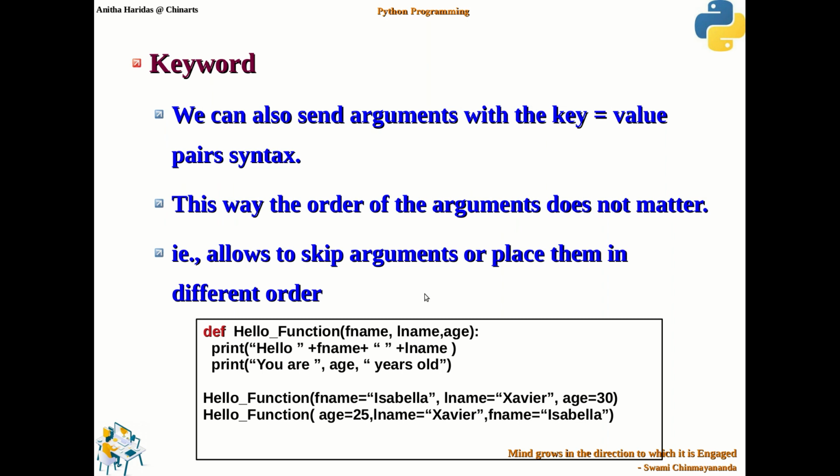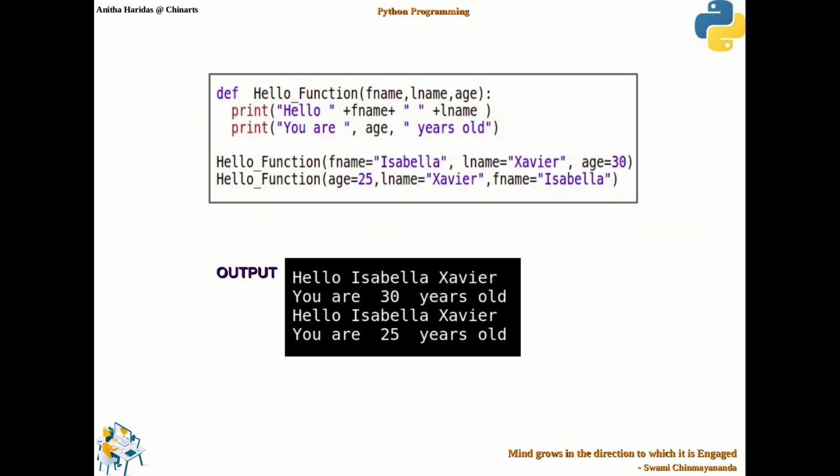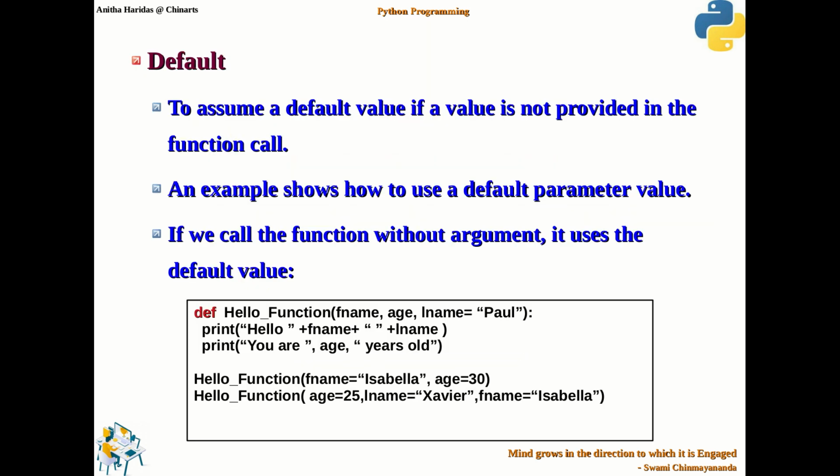Then we saw the keyword arguments. The keyword arguments have key-value pair syntax in the actual arguments, and we saw an example of how keywords can be given so that the order of the arguments does not matter. Then we talked about the default argument.